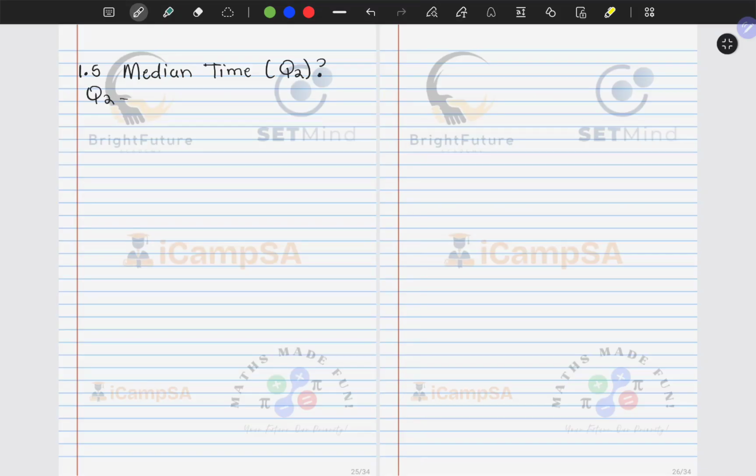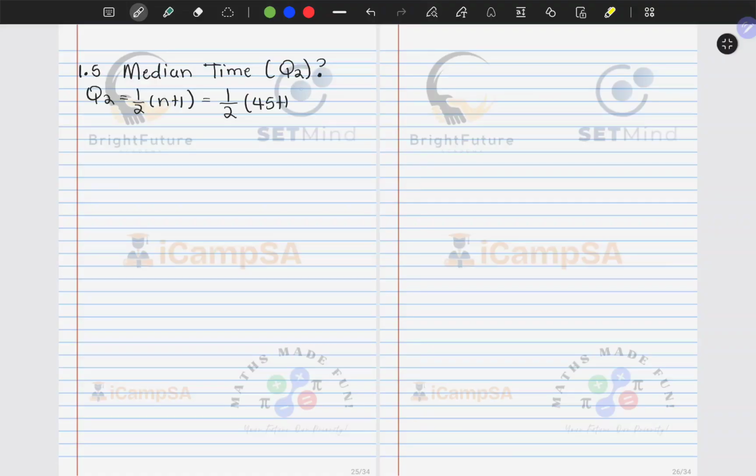So Q2, we know that it's half of n plus 1, which will be half of 45 plus 1, which is the same as 46 divided by 2, which will be 23. Okay, so we're done. So now what we are going to do is to go and look for 23.